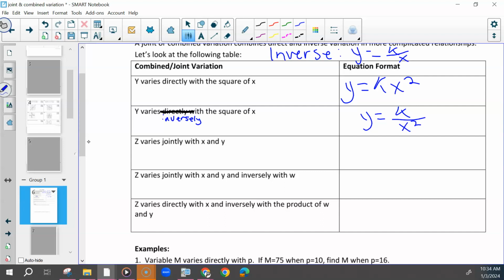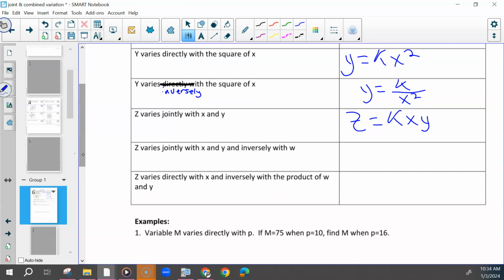It just means you're multiplying multiple things. So z varies, that's going to be z equals, varies jointly. Everything is being multiplied together with x and y. So we need a k in there somewhere, and then you just put x and y next to it.